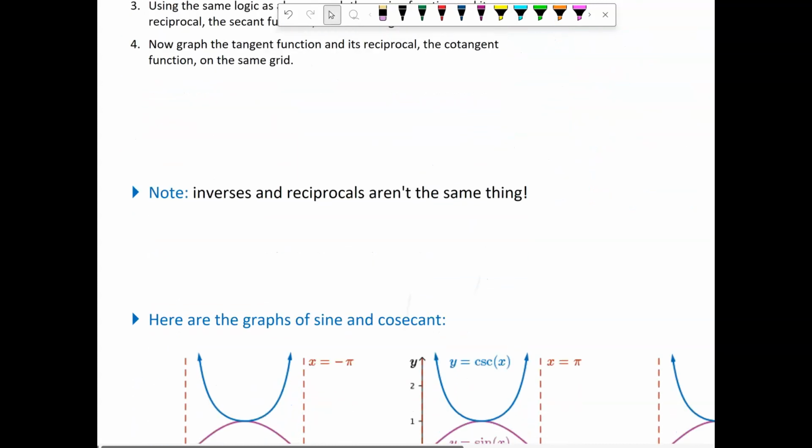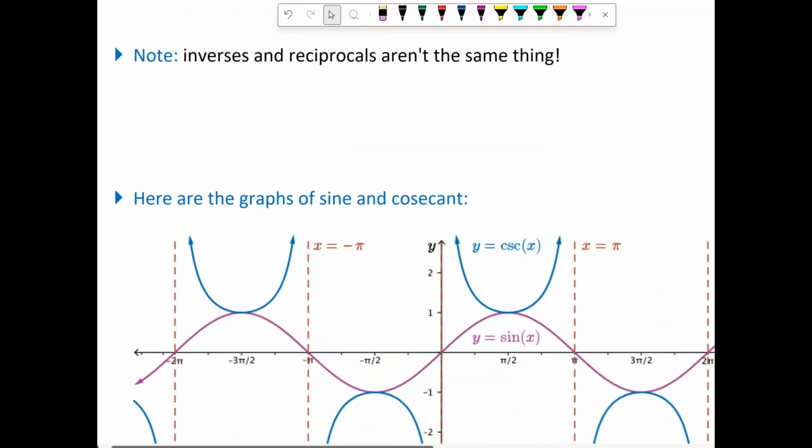So now let's go into the idea of the word reciprocal again. The word reciprocal is very different than the word inverses. Reciprocal, as we said, is when you take the fraction of, so for example, if we take an actual function, sine of x or sine of theta, it is a fraction. It's over 1.